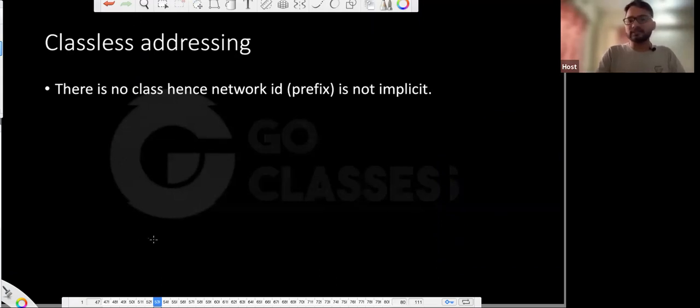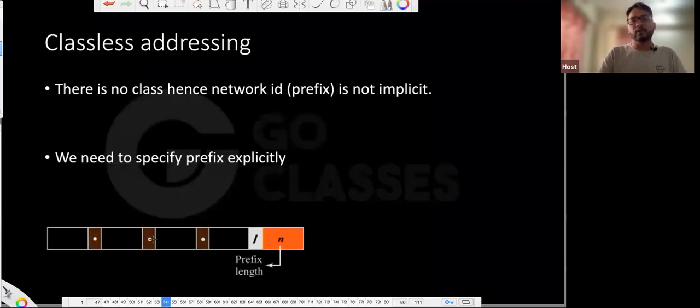That's very nice, and that's the only thing the internet uses in today's world, right? So let's see what it is. Suppose there is some IP address, maybe x.y.z.w, and then I will specify the network ID with some number. Let's suppose the initial 16 bits are fixed.